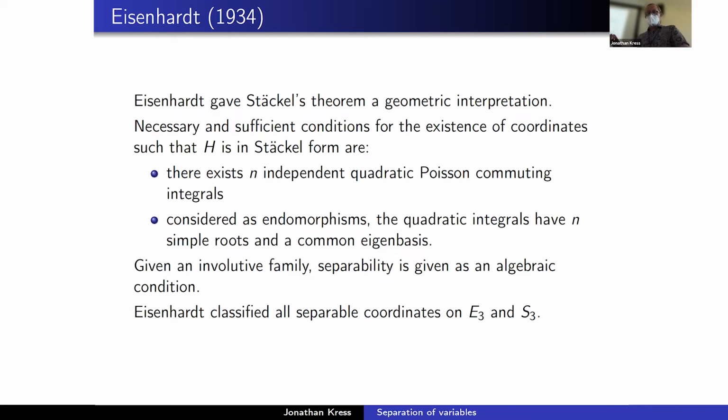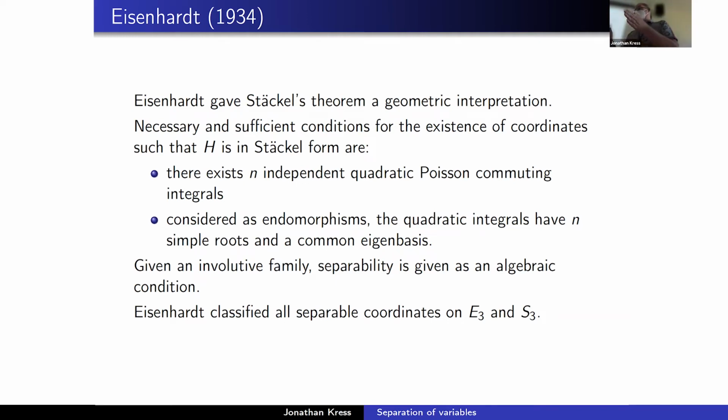but he formulates the conditions that you need for the Stackel system as the Poisson commuting of some quadratic integrals. These quadratic integrals are functions of momenta and position, quadratic in the momenta, and they have to Poisson commute. So his theorem, which parallels Stackel's theorem, says you need n independent quadratic Poisson commuting integrals.